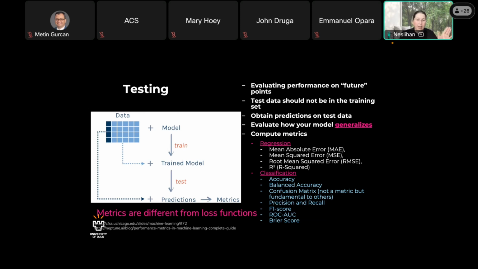Remember that metrics and objective functions are different. The objective function is for training, and metrics monitor the model performance. Some of the metrics and measures that we often use for classification are accuracy, balanced accuracy, precision, recall, F1 score, ROC AUC, and Brier score.